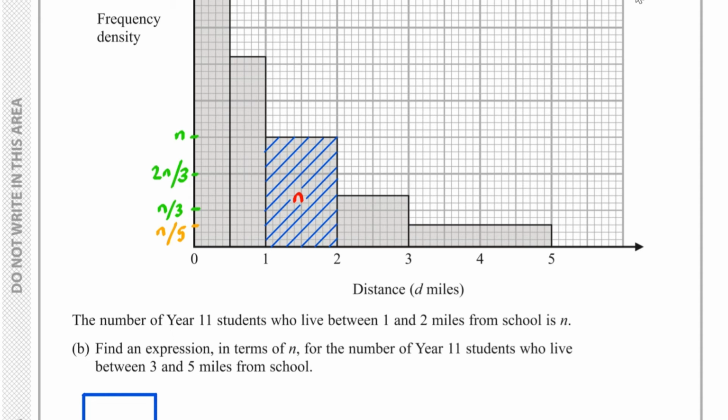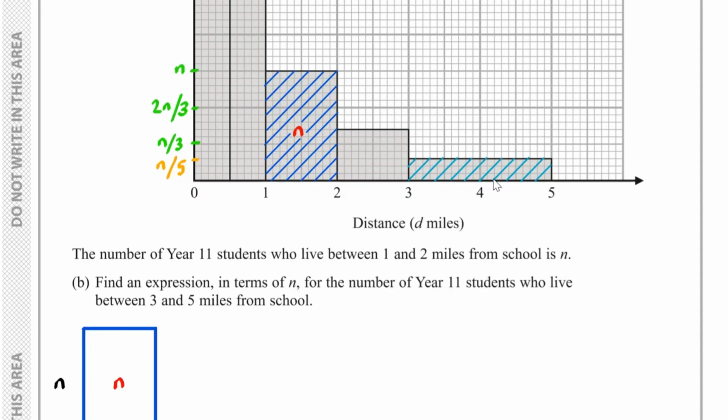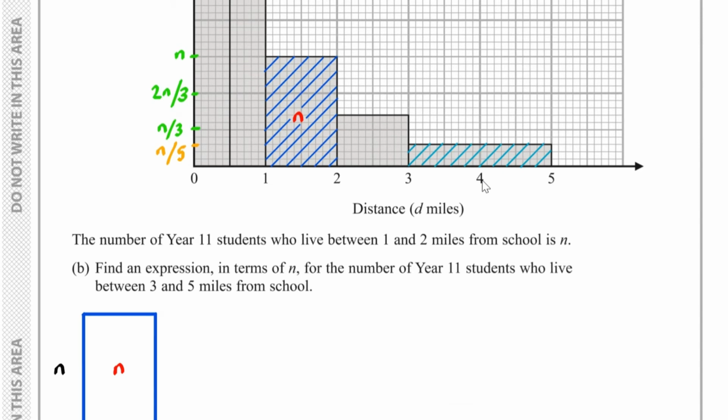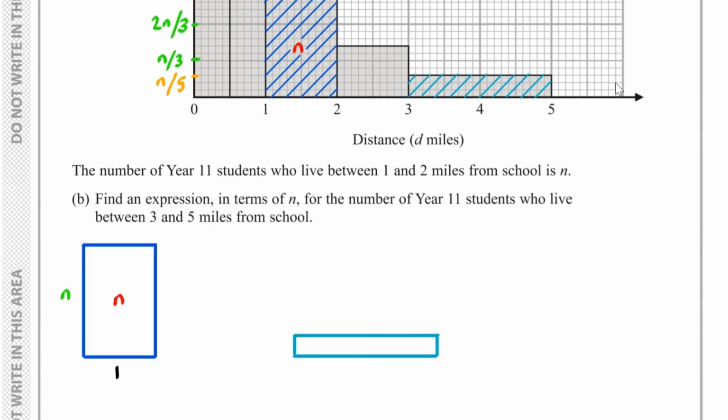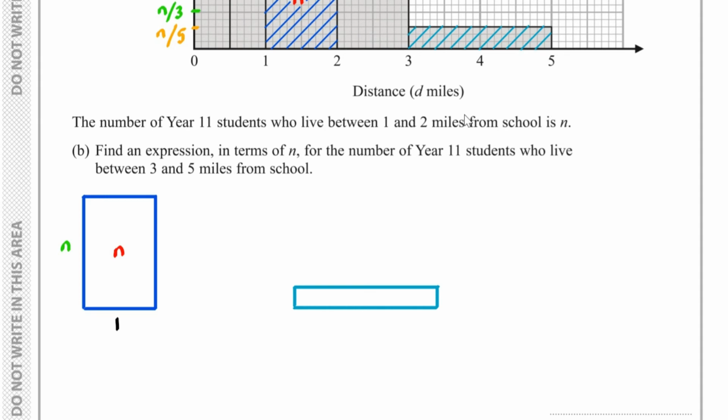So for this rectangle here, we have a class width of 2 and a height of n over 5, which means the area will be n over 5 times 2.